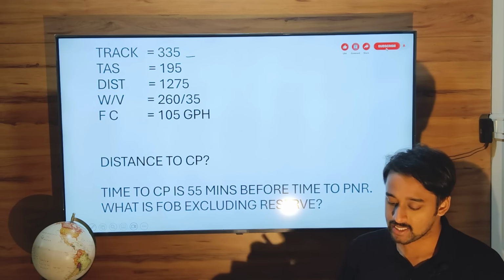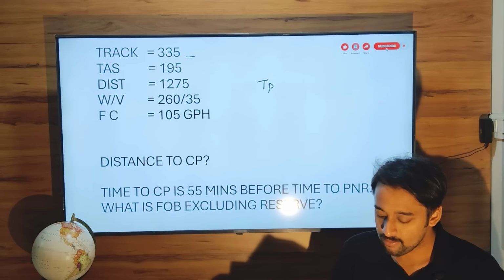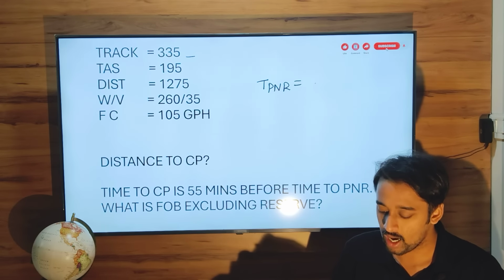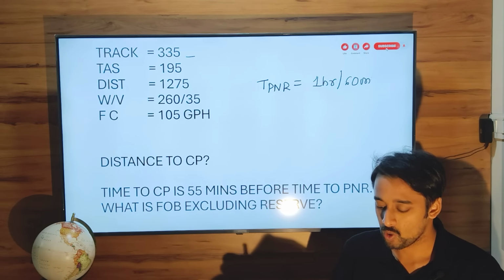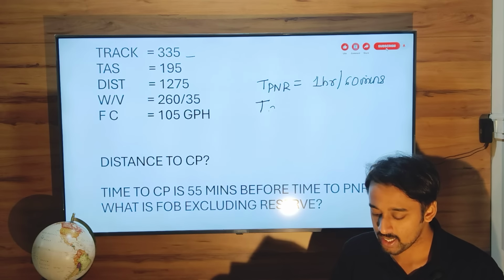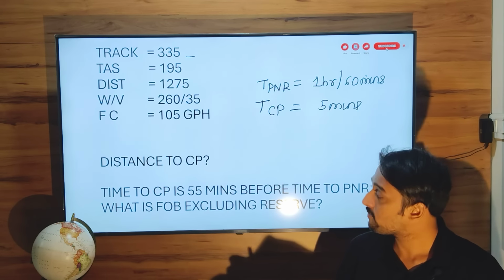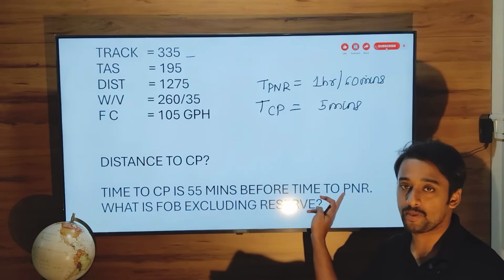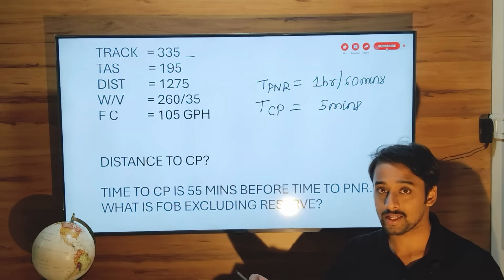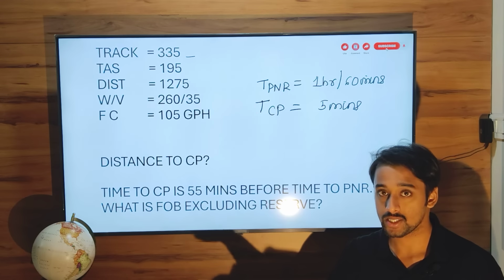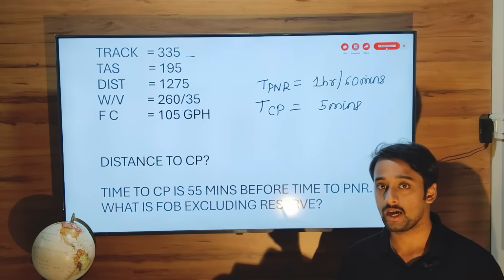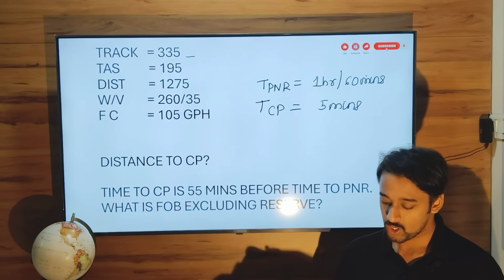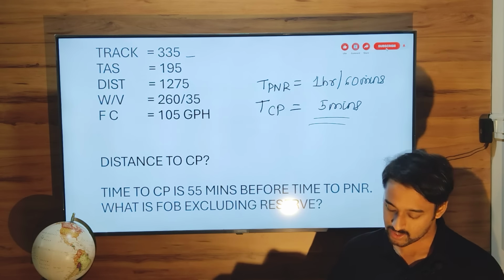So, for example, if the time to PNR is 1 hour or 60 minutes, what will the time to reach the critical point be? 5 minutes. Okay, 55 minutes before the time to PNR. So you will reach the critical point at 5 minutes.